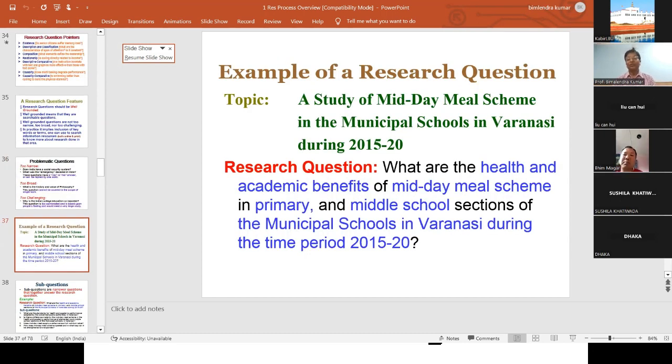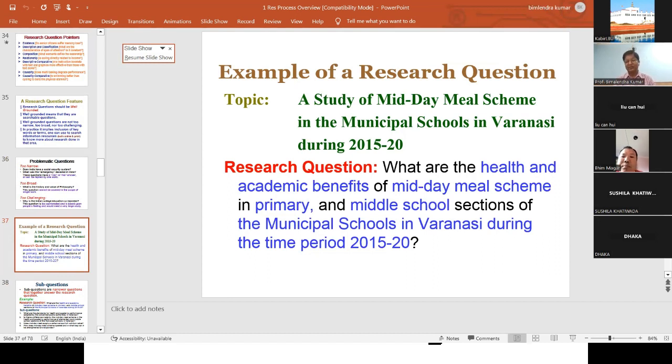Then examples of research questions. Generally, we see that nowadays the midday meal is being introduced in all the primary schools. So a topic can be taken: a study of the midday meal scheme in the municipal schools in Varanasi during 2015 to 20.